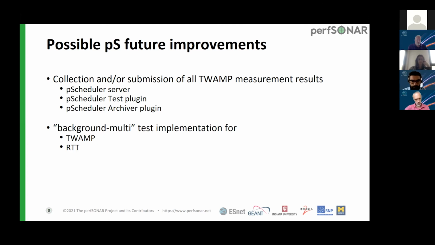As a last point here, one observation that perhaps the community would find interesting or useful.